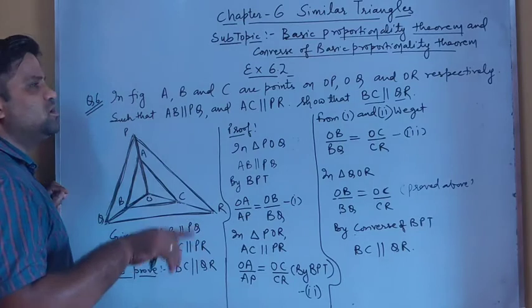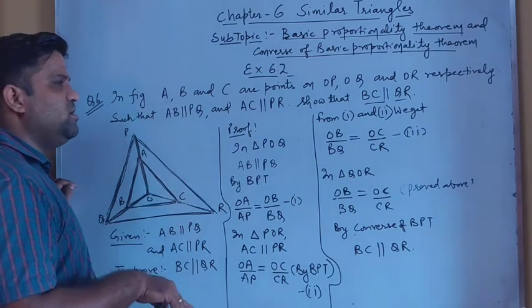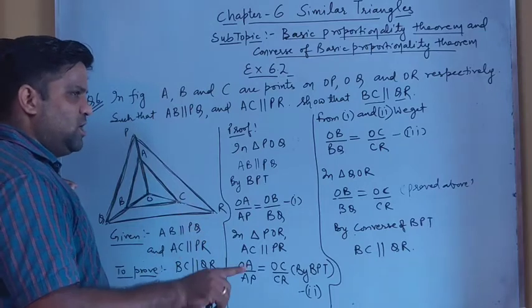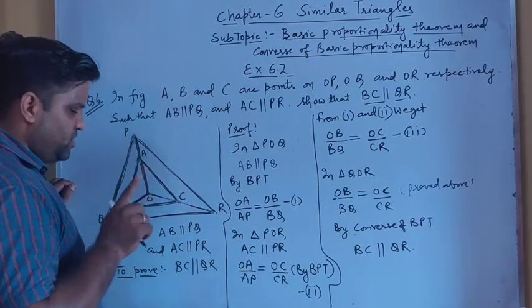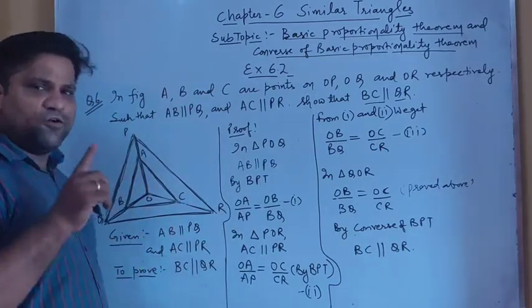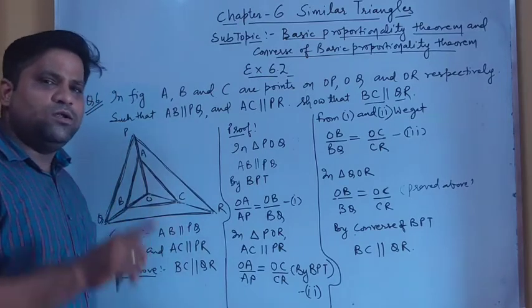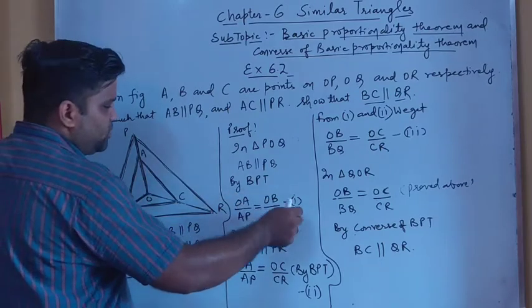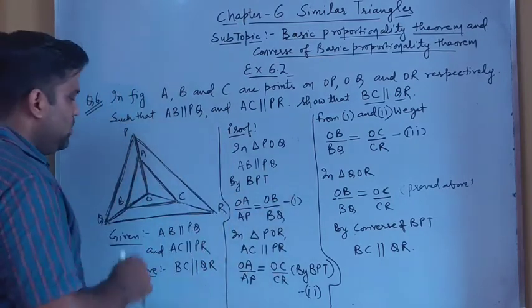As we know the basic proportionality theorem, again I am revising, if a line is drawn parallel to the third side of a triangle, then it divides the other two sides of the triangle in the same ratio. So by this concept we write this and we consider it as equation number first.